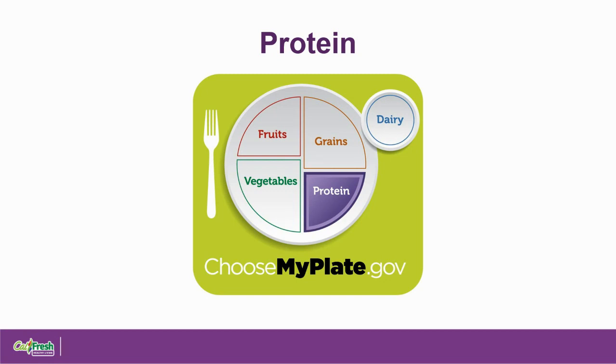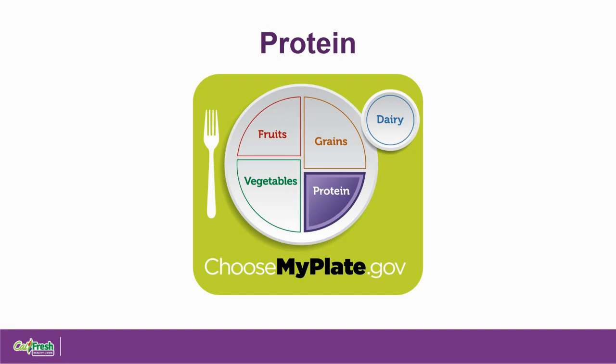Can you think of an example of a food that is high in protein? If you said beans, fish, chicken, lean meat, eggs, nuts, peanut butter, or maybe seeds, you are right.